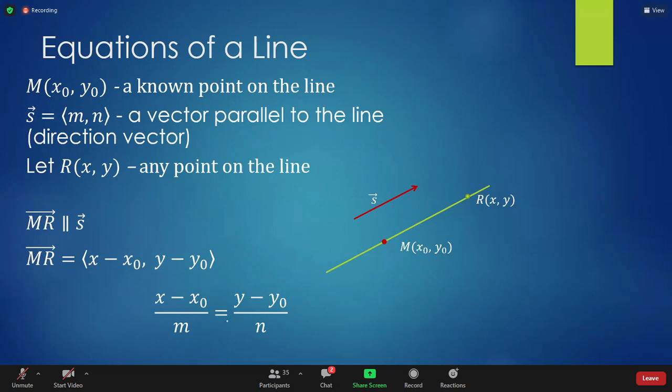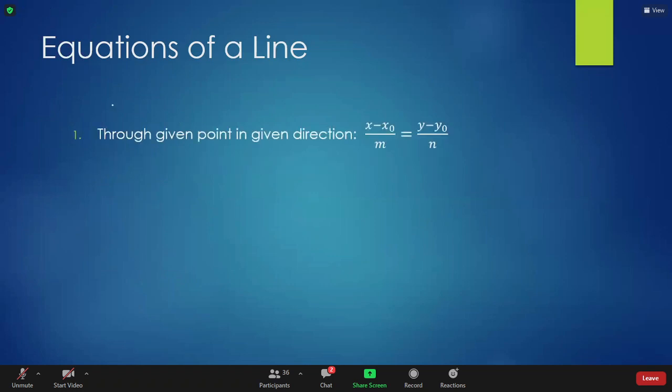That is, if I know a point and if I know a direction vector, and this is the direction vector, the coordinates are m, n in 2 dimensions, then we can write a vector equation in terms of a given point and a known direction. And then the next thing we looked at was the equation of a line that passes through 2 given points.